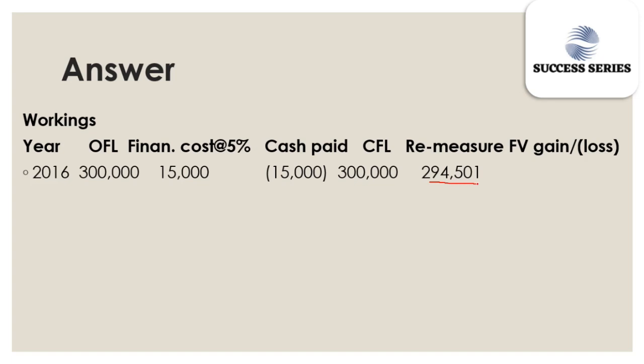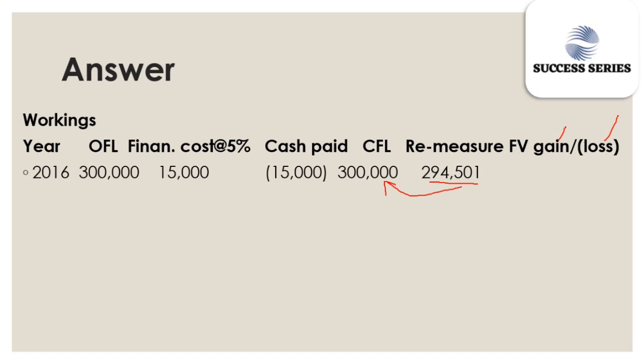294,501. Then we compare this with our closing balance and check if you have a fair value gain or a fair value loss. So let's compare. So 300,000 against 294,501. Would the difference be a fair value gain or a fair value loss? So you have to check.